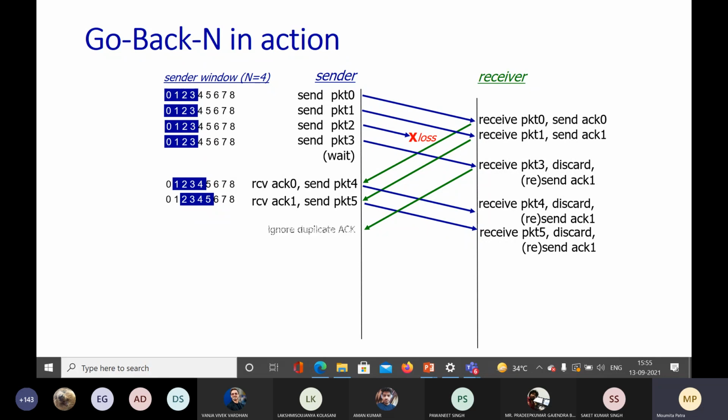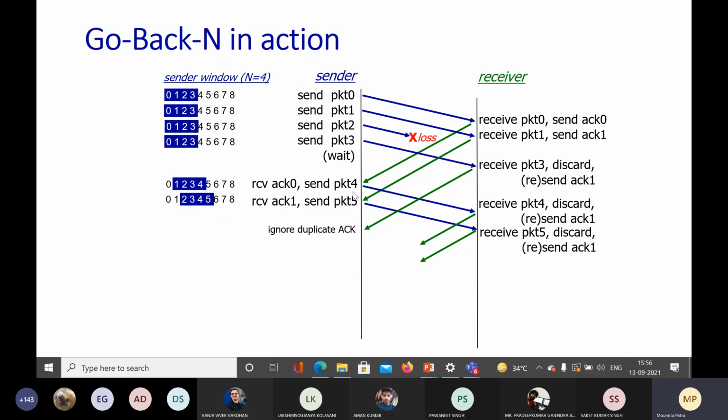Now, what happens here? Acknowledgement for packet number 1 is received. So the sender side knows that acknowledgement for packet number 1 has already been received. So it will simply ignore the duplicate acknowledgements.